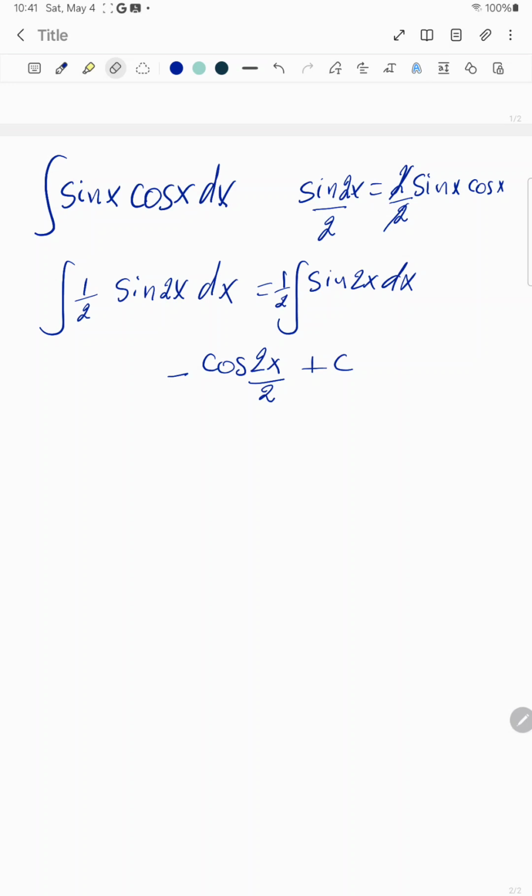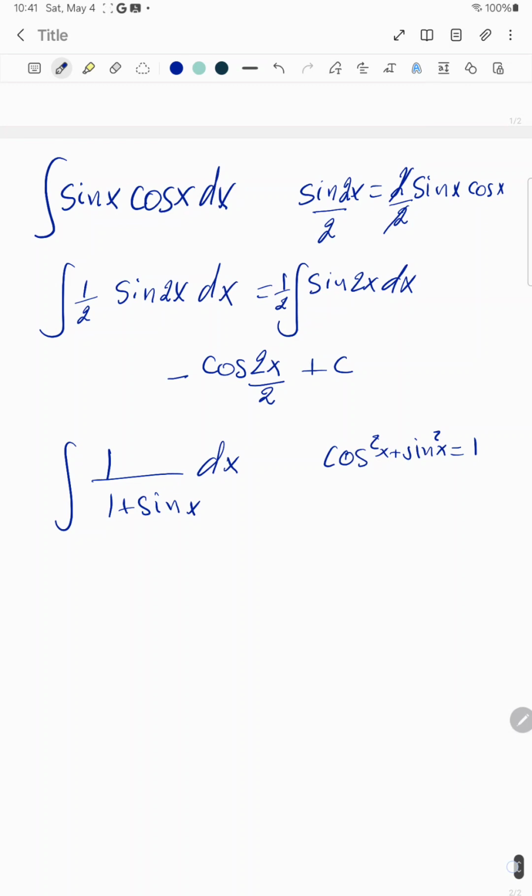Let's do another exercise, which is a little bit more difficult. The second exercise would be the integral of 1 over 1 plus sine x dx. Yeah? I know there is a formula which says cosine square of x plus sine square of x equal to 1.